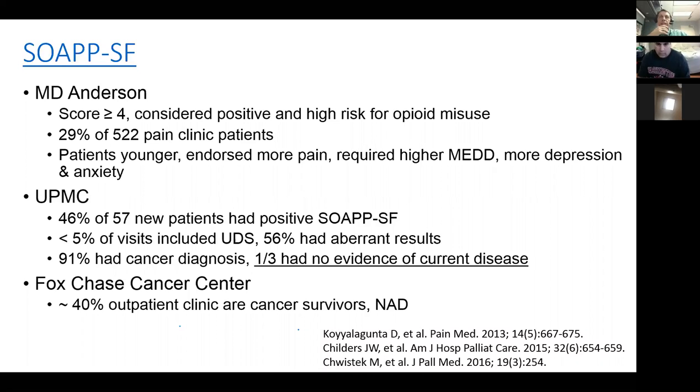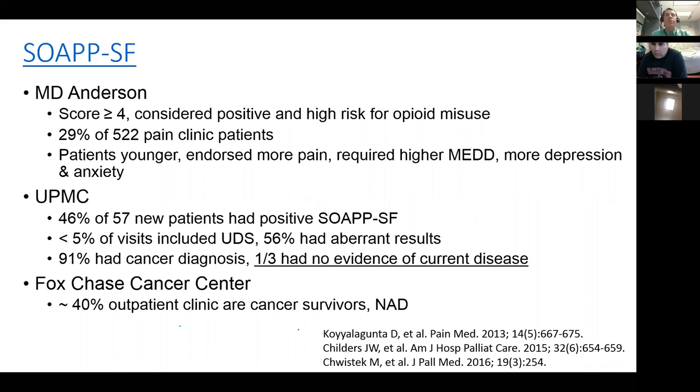A study done by the group in Pittsburgh at UPMC, they found that 46% of 57 new patients that they utilized the SOAP SF on had a positive score. So again, a score that would indicate high risk for misuse and abuse.